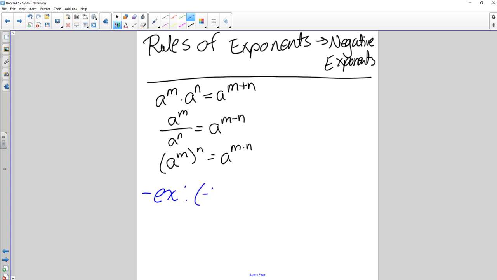So if I have negative 4 x to the third y to the negative fourth times 2 x to the negative third y to the negative 1. So using the product rule, the first one, let's do everything one at a time. First, the coefficients. Negative 4 times 2 is negative 8.